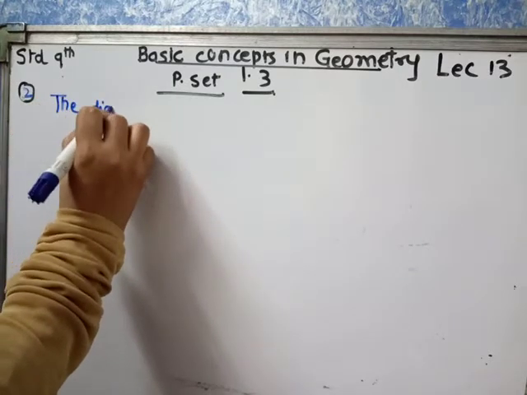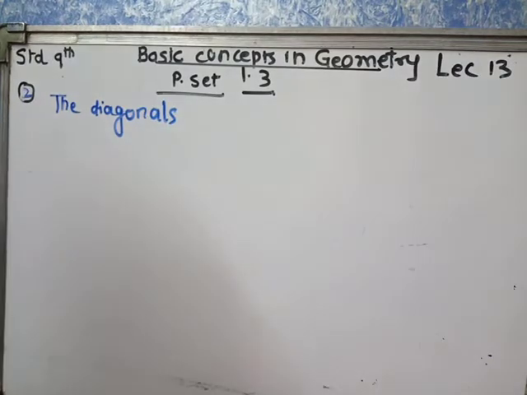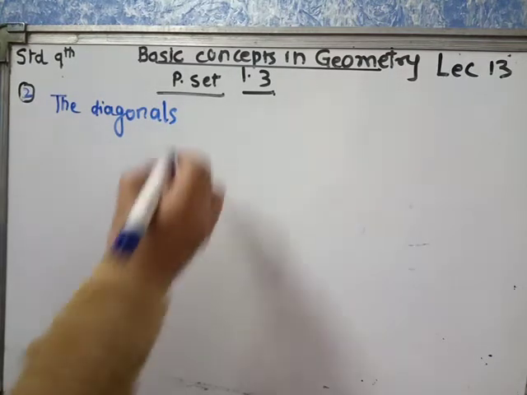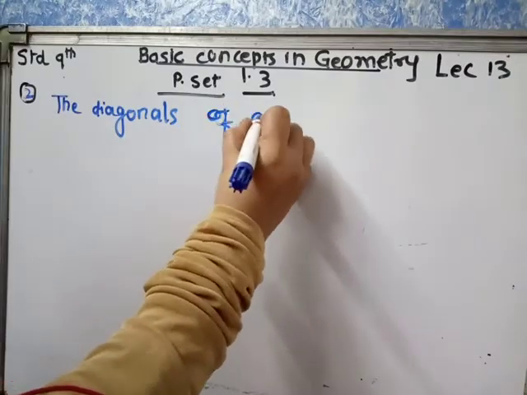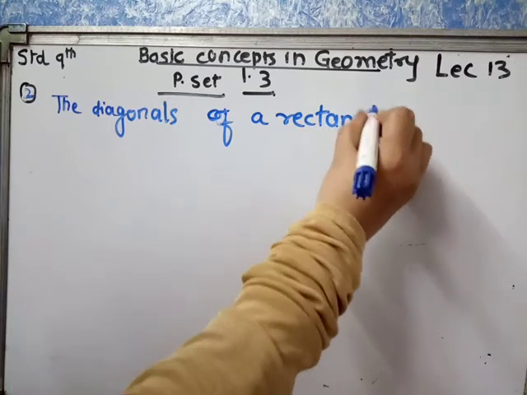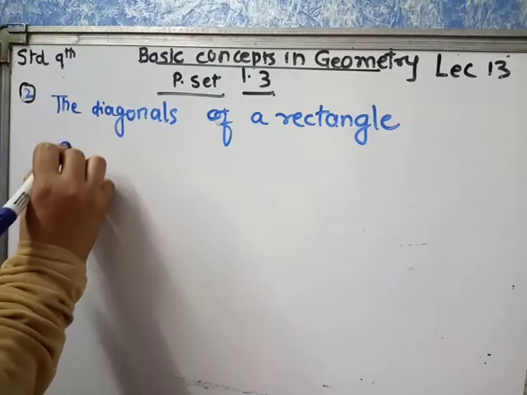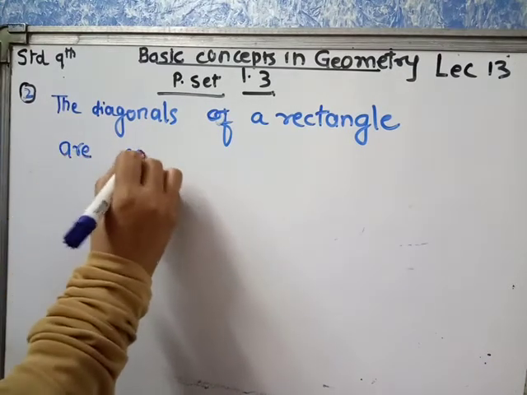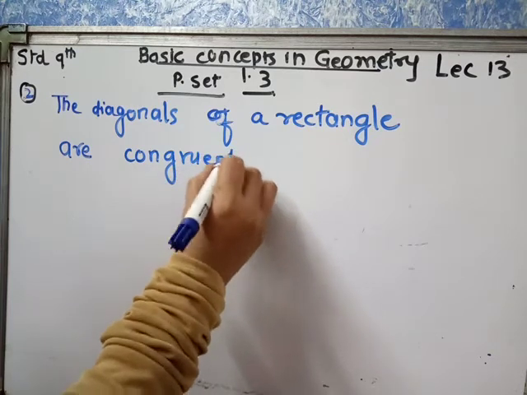The diagonals of a rectangle are congruent.